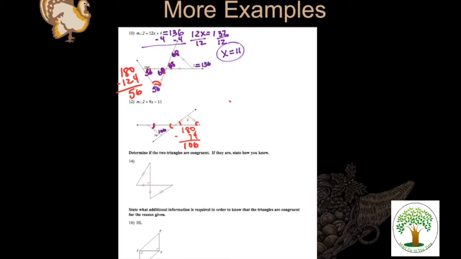Now to find these angles, we know they're equal. And we know this whole thing adds up to 180. So if I subtract this, I could have done that one too. So if I subtract this from 180 and then divide by 2, I'll have those.